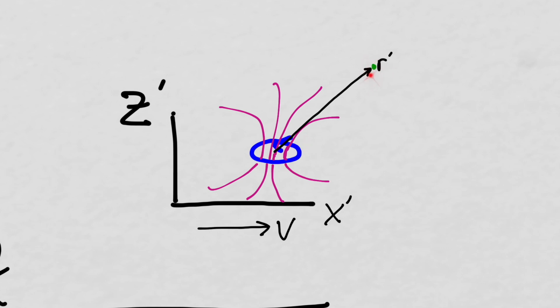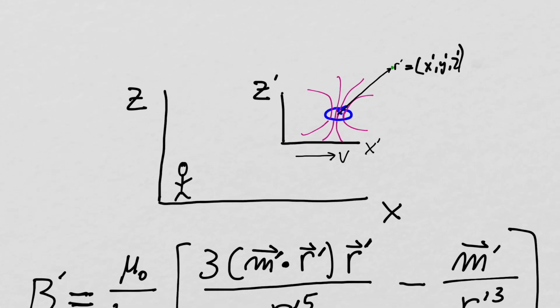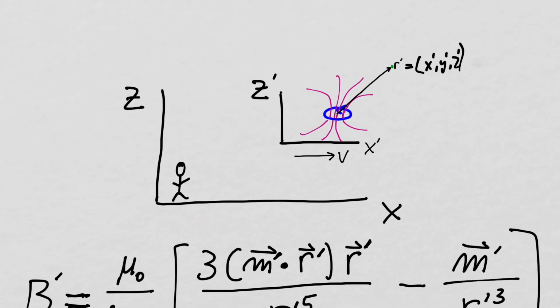Anyway, I know the formula for a pure dipole based on the vector r, and r will have three components, x, y, and z prime, right? Because this is the prime frame. So in this paper, the prime frame is the rest frame of the dipole, and we're transforming to the lab frame, which means we're going to transform from here to here, using a minus v to do the transformation.